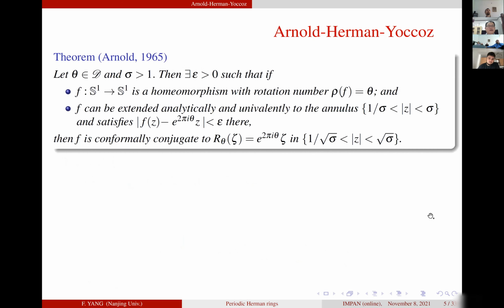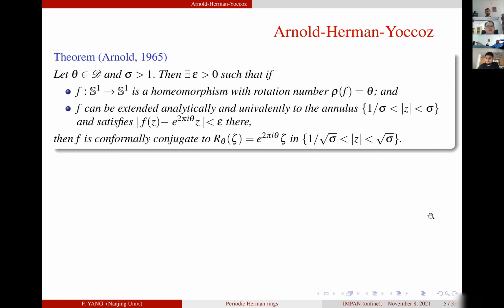Okay, and then we can state Arnold's result. Suppose theta is a Diophantine number and sigma is a number greater than 1.